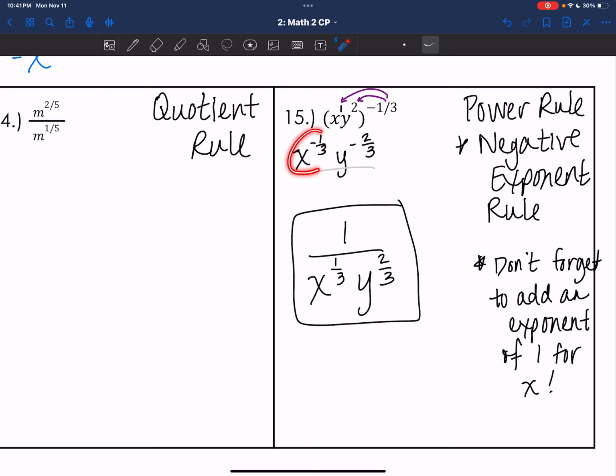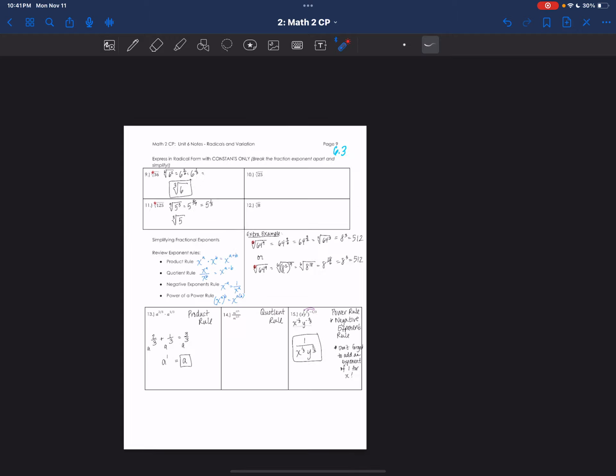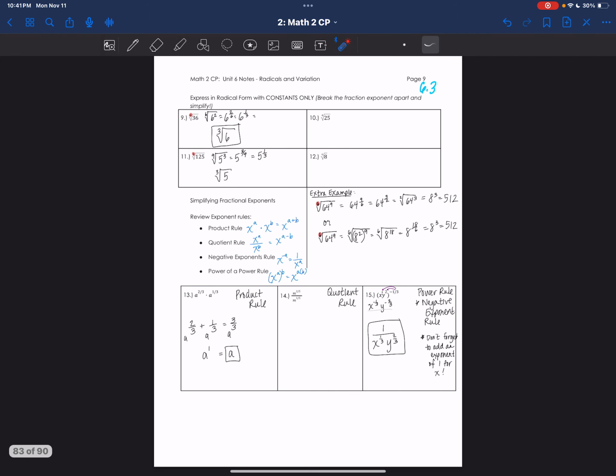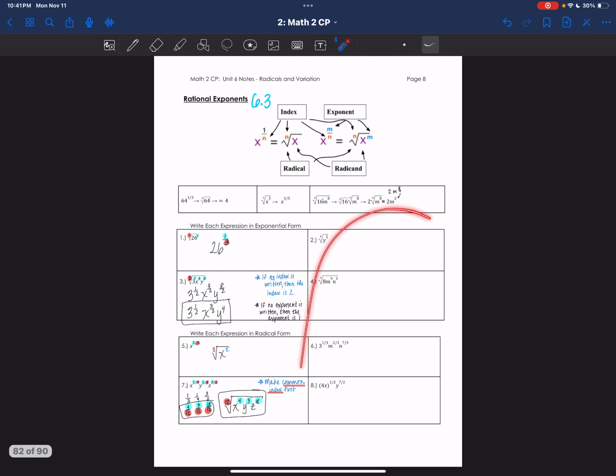So if they're in the numerator, I like to flip them to the denominator, and then I make the exponent positive. Same thing here, flip this to the denominator, and I make that positive. All right, so go through. I want you to finish all the ones we did not do. And then that is the introduction to rational exponents.